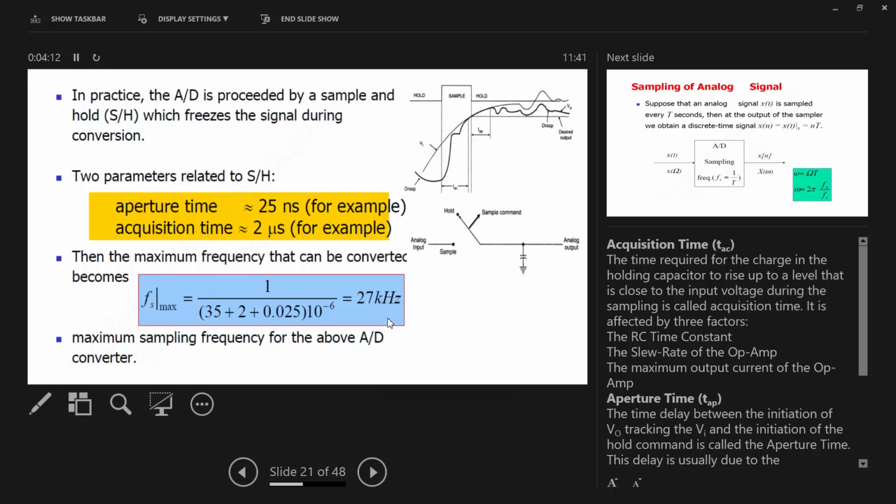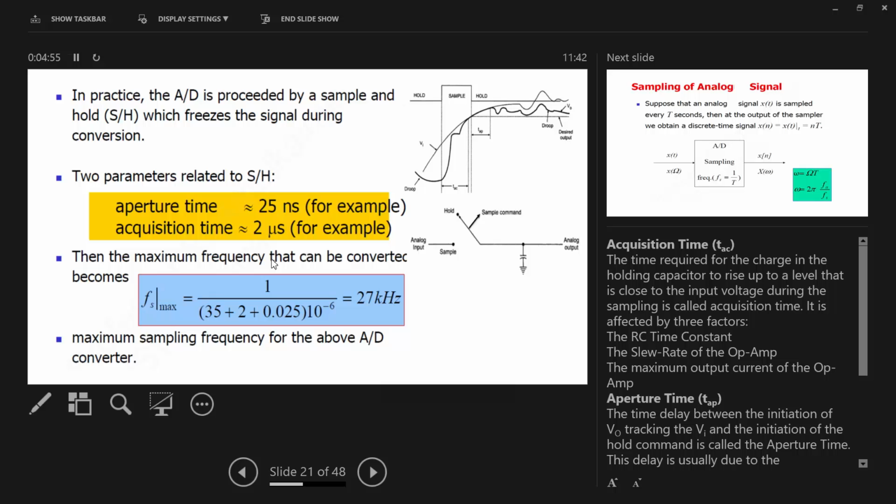This is just an example that I have taken, but it will fairly give you an idea of how the analog to digital conversion process takes place, how the sampling is done, how the quantization is done, how the coding is done, and how you can choose an A to D converter, how many bits you will choose, because the number of bits gives you a high resolution but will increase the cost, and how you have to select the sampling frequency of the A to D converter.